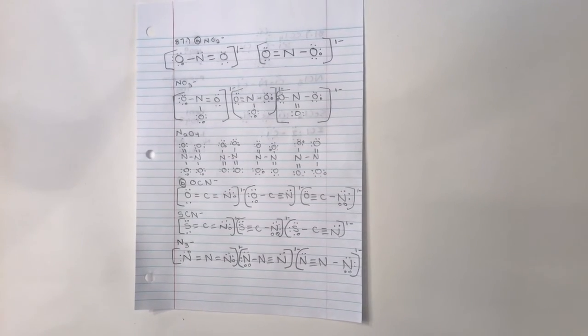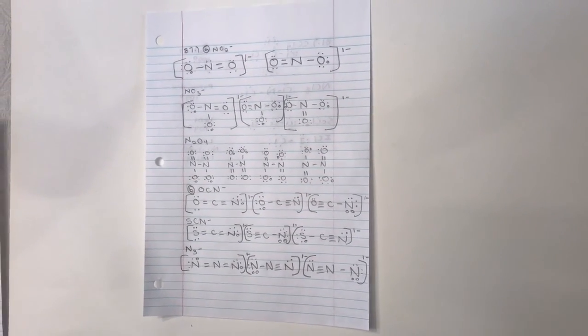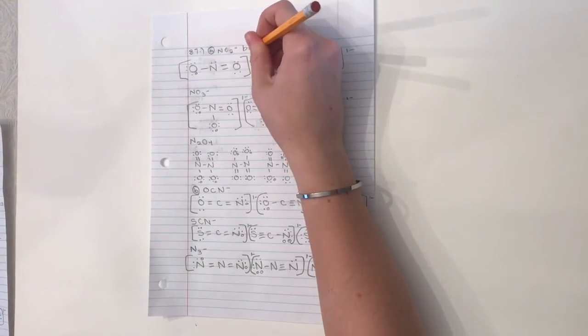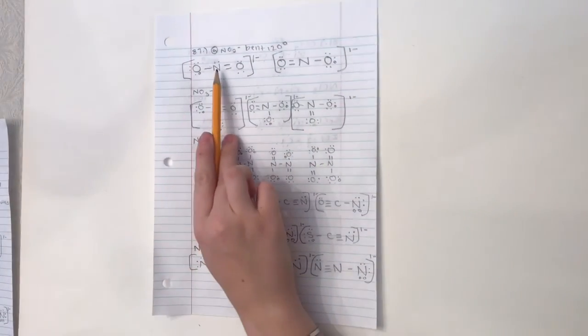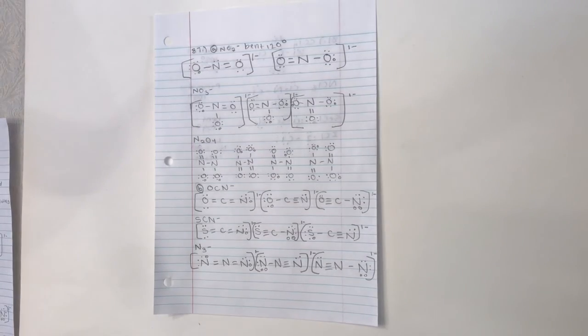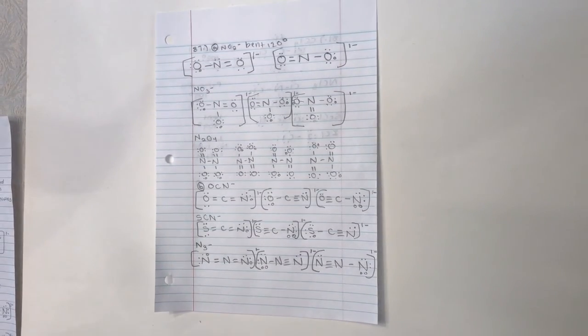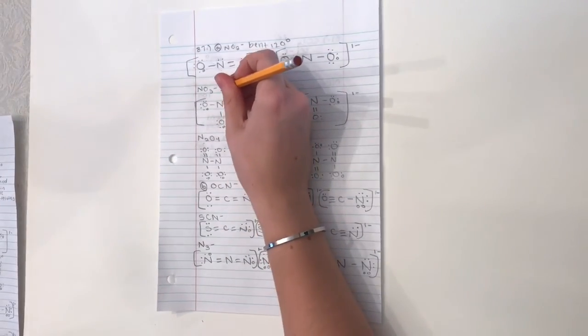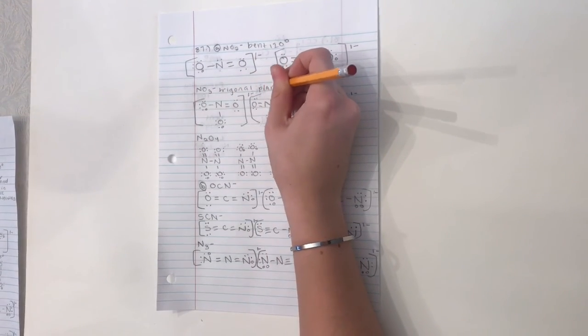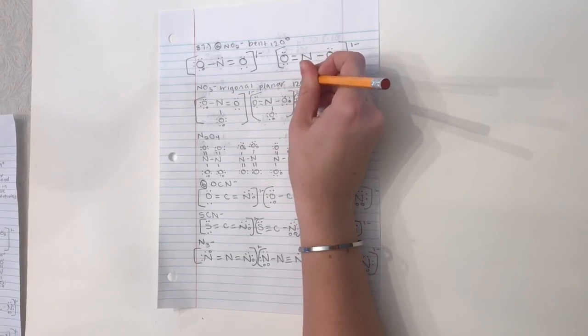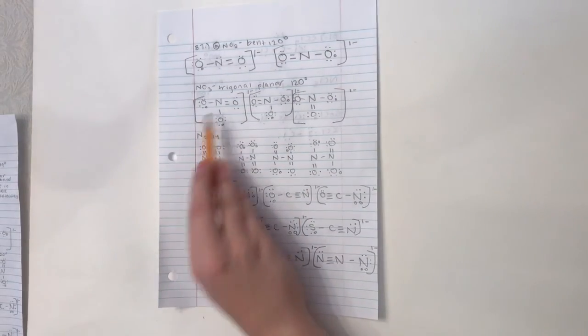The same procedure goes for number 87, and NO2 is going to be bent and 120 degrees because of the 1 lone pair off of the N on the resonance structures. NO3 will be trigonal planar and 120 degrees because it has 3 off of the central atom and no lone pairs.